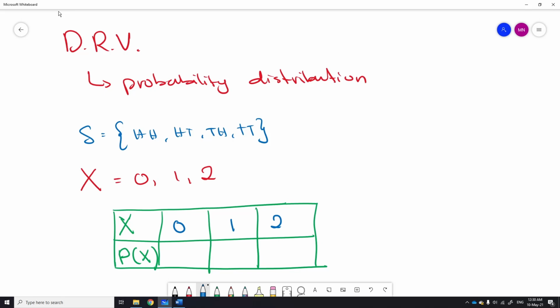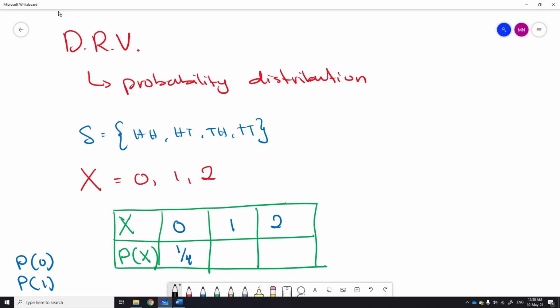Since x is 0, it means no heads appear, so only tail tail, which gives 1 over 4.